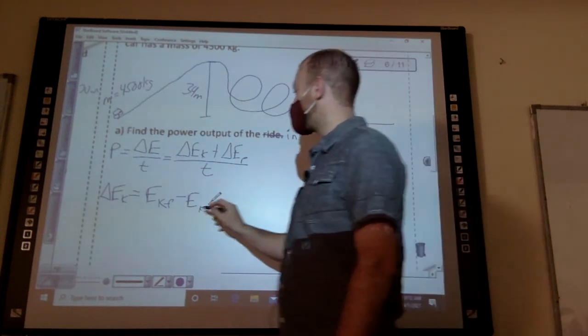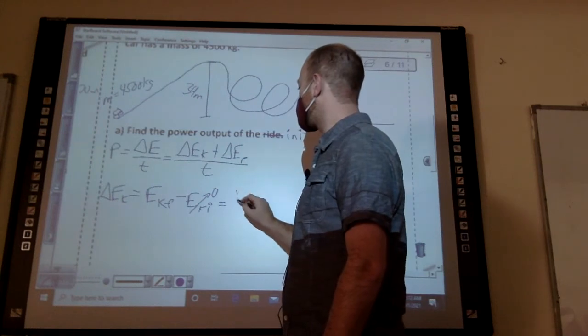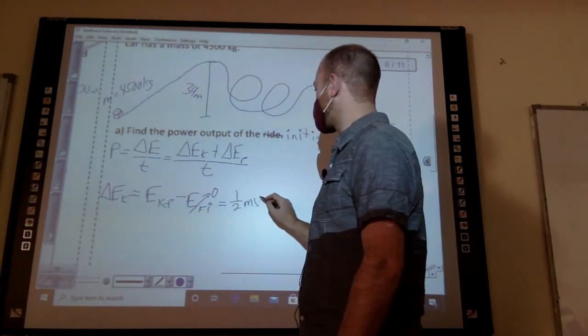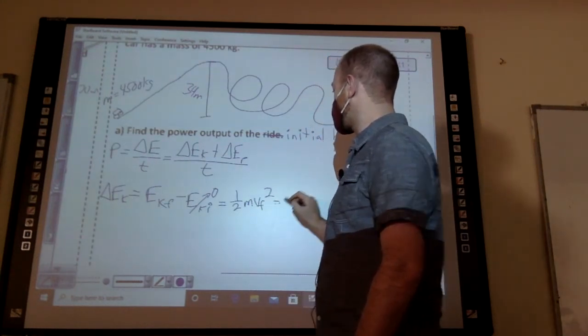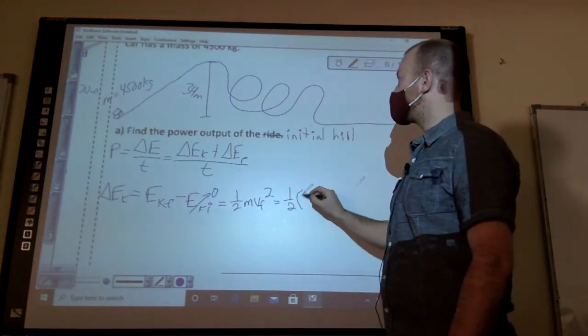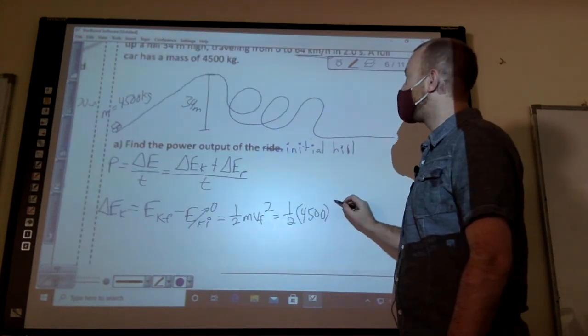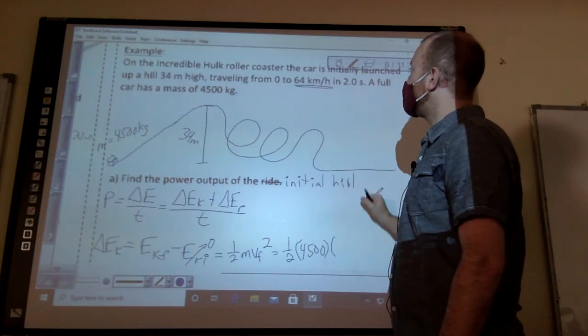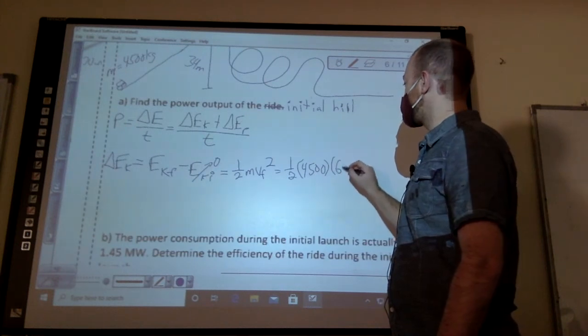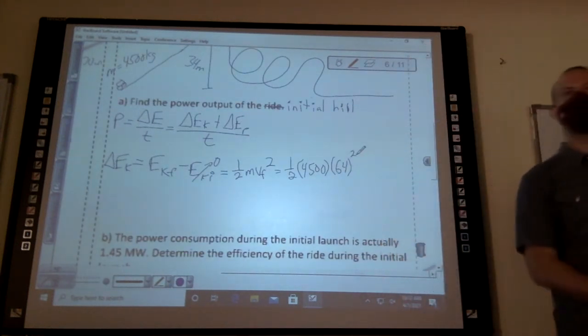Yeah, kinetic initial is 0. So we got the mass. We've got the velocity.